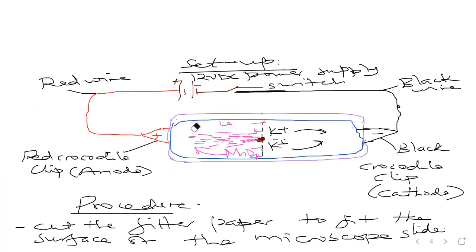So I repeat the same experiment exactly, and I'll still draw a line in the middle of the filter paper. I do the exact experiment, and now I'm going to use the blue copper 2 sulfate crystal. What will happen during the experiment is what I've already explained.